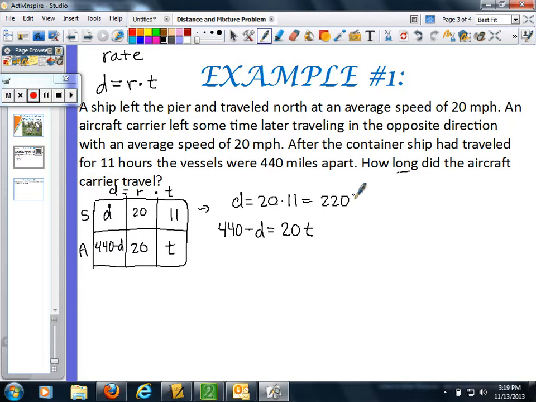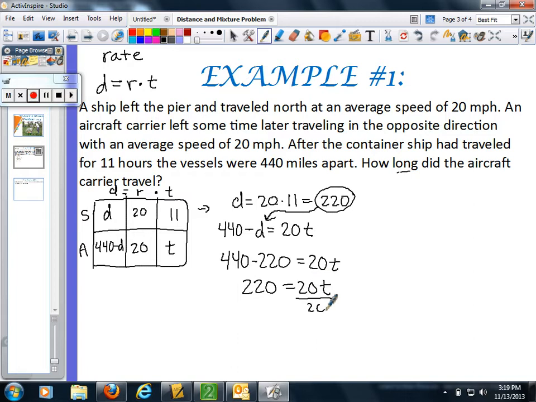Alright? Well, now I can take this and I can plug this in right here. So that means that 440 minus 220 equals 20 times T. Okay? This is going to be 220 equals 20 T. Divide by 20.